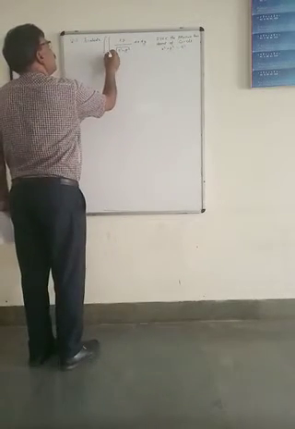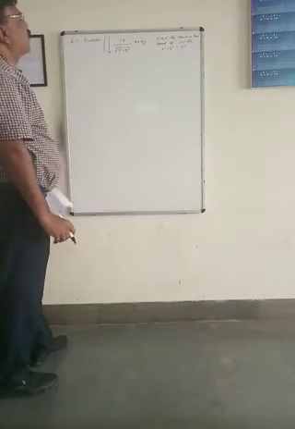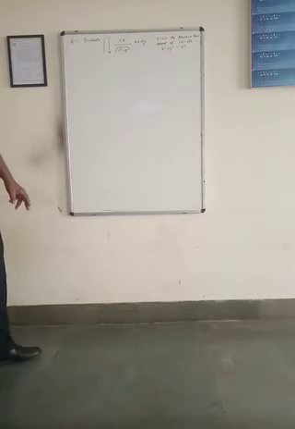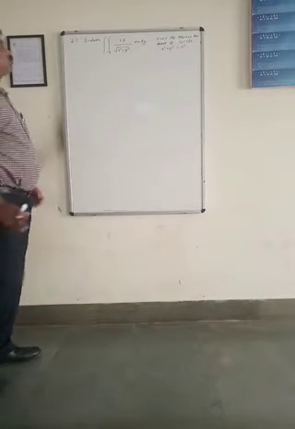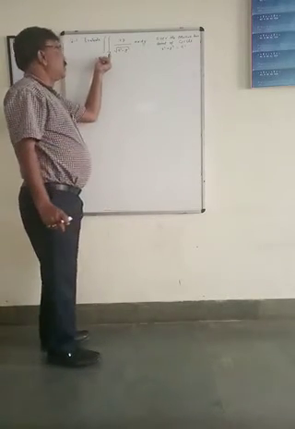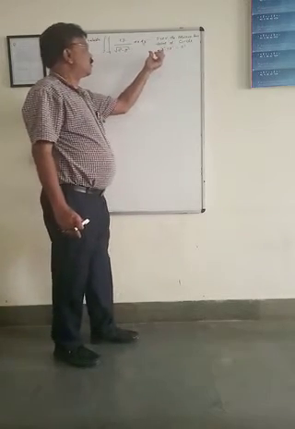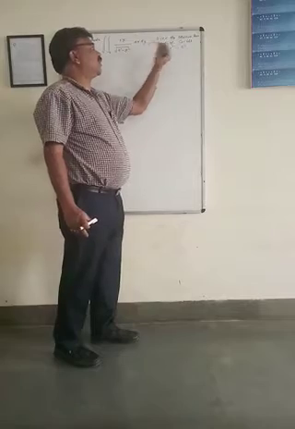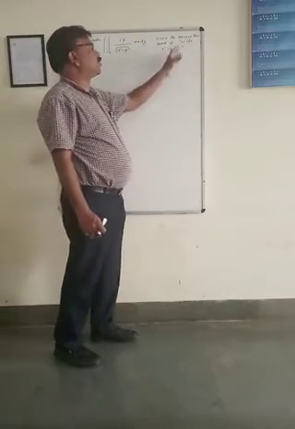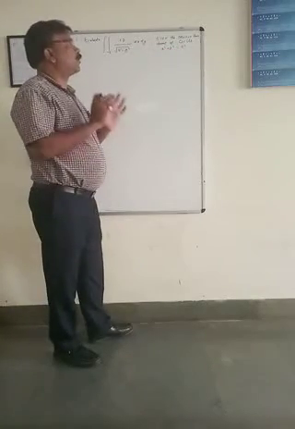We have to evaluate this integral over the positive quadrant of the circle x square plus y square is equal to a square. Here the limit is not given, but some figure is given. The figure is a circle, and this circle is only for the positive quadrant.